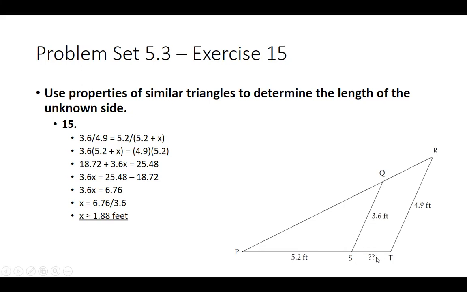We're looking for this piece right here, segment ST. We're going to call that X. This piece of the smaller triangle corresponds to this piece of the larger triangle. So one of our ratios is 3.6 over 4.9.